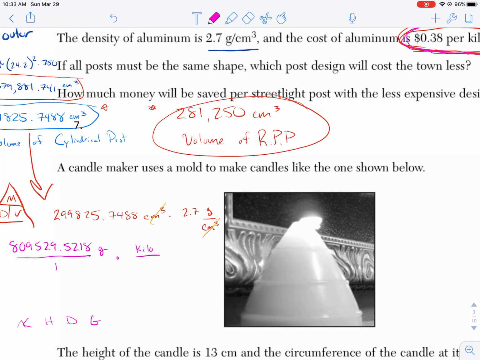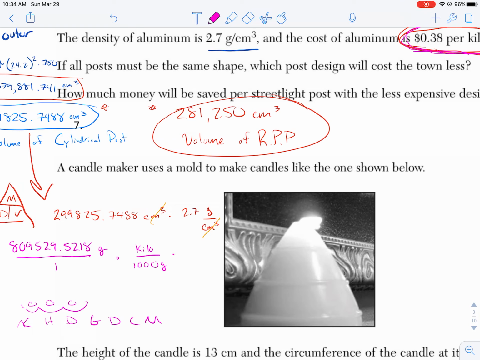Okay, so go back to your diagram here. King Henry drank Gatorade during council meetings. Okay, so 1 kilogram is actually, we moved it over 3 spots, is 1,000 grams.